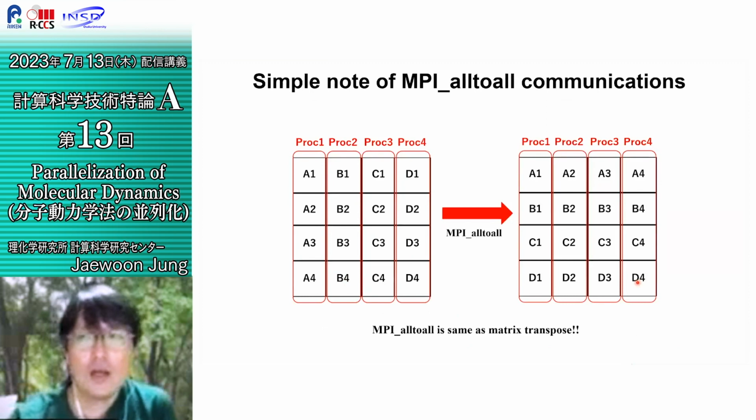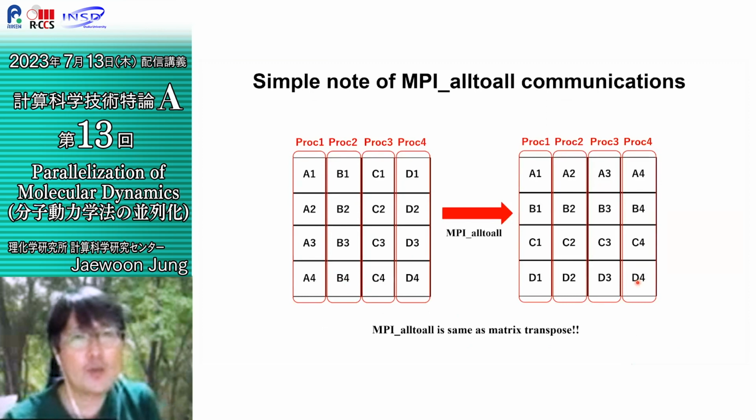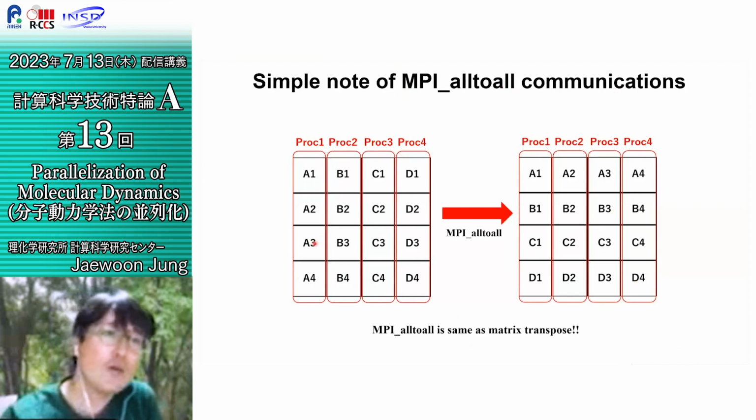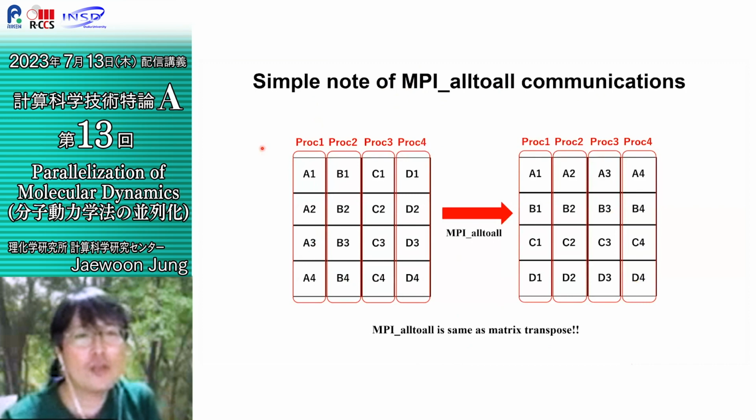Also, before discussing the parallelization of this reciprocal space calculation, please remember MPI all-to-all communication. Here, just consider a two-dimensional matrix, and assume that the first processor has the data A1, A2, A3, A4, the second processor has the data from B1 to B4, the third processor has the data from C1 to C4, and so on.